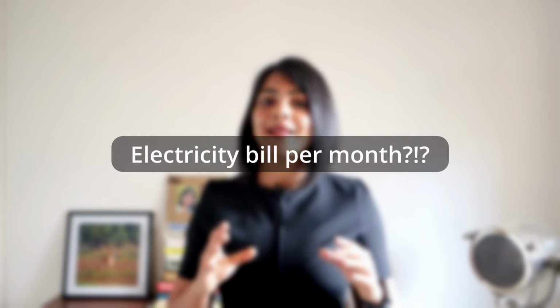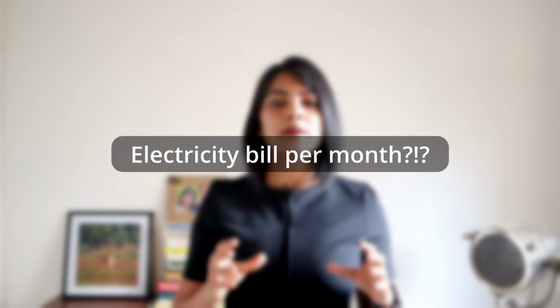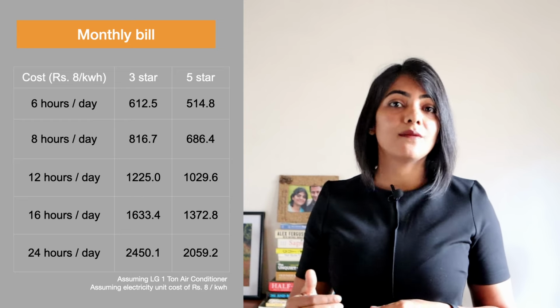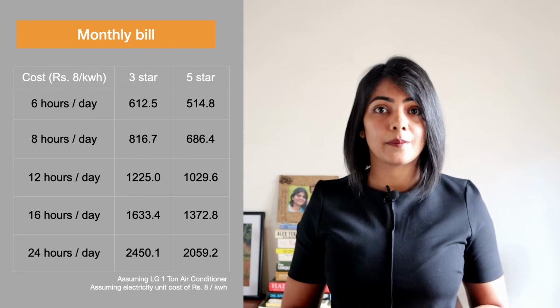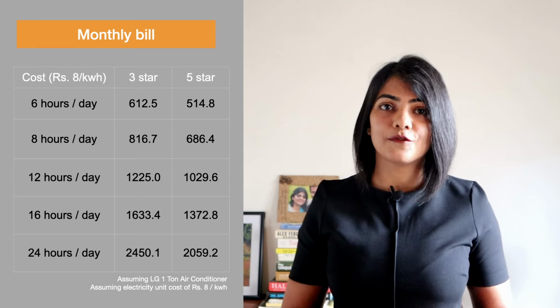Now that we have the units consumed per hour, let's calculate how much your electricity cost will be per month, assuming your usage patterns. Let's assume you're either running the AC for 6 hours per day, 8 hours per day, 12 hours per day, 16, or 24. Those are the assumptions because different people might be using it differently.